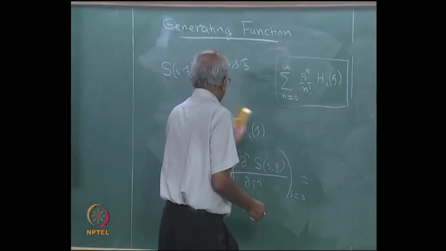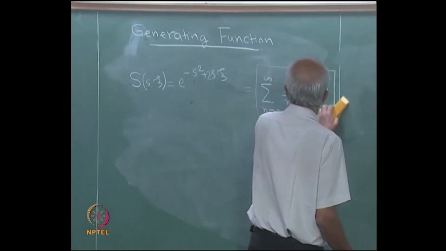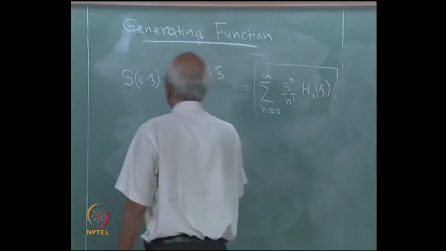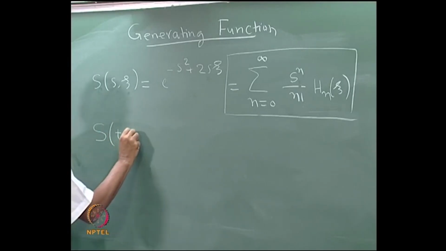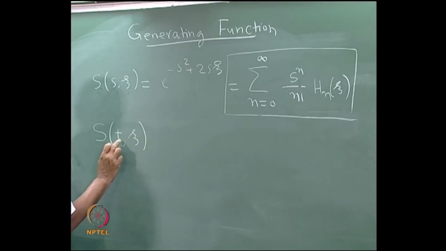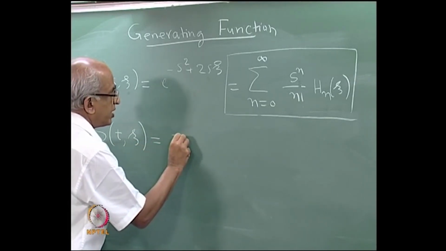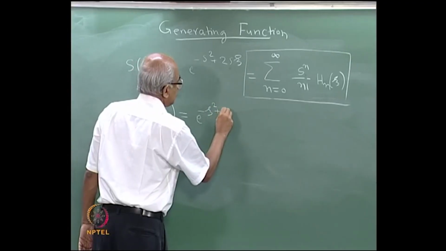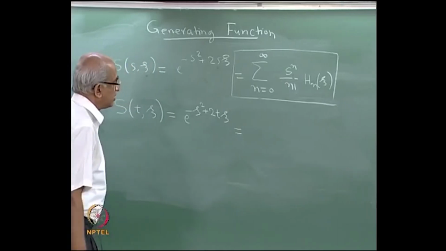See, this expression is my S. So, suppose I write this generating function once more. This time I will not use the variable s, but I will use a different variable which I shall denote as t, and I shall write an expression for S of t, c. It would naturally be given by e to the power of minus c square plus 2 t c, and this you have to expand as a power series.